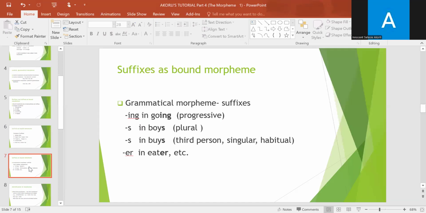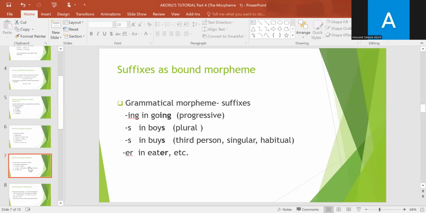And in this context, it's added to boys to make it plural. But look closely at this one, buys. The S in this case is not plural because the word is a verb. The first word there is boy, a noun. But here this second word is buy, which is what? A verb. Therefore, the S added to buy is not plural. It's what? Third person singular, and it marks habitual tense.